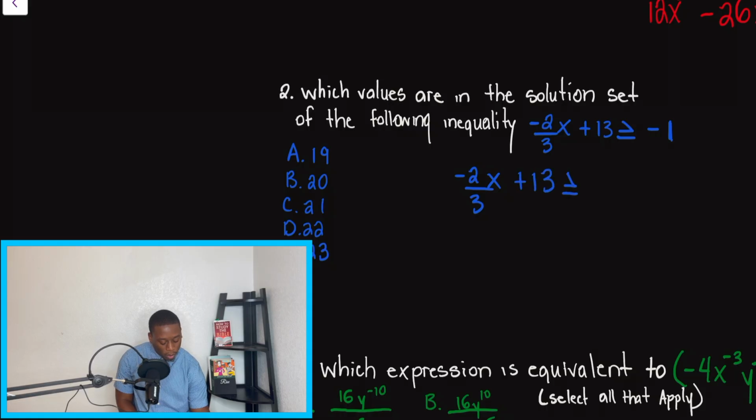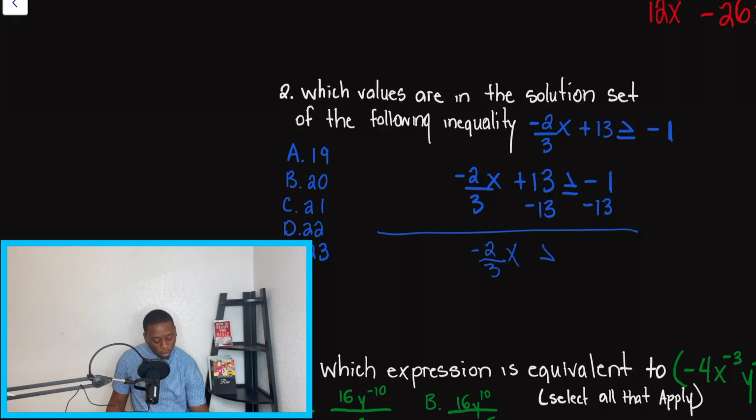So what I'm going to do is, for my first step, I'm going to move that 13 by subtracting it. So after I subtract, what I'm going to have is negative 2/3 x is greater than or equal to negative 14. Okay.